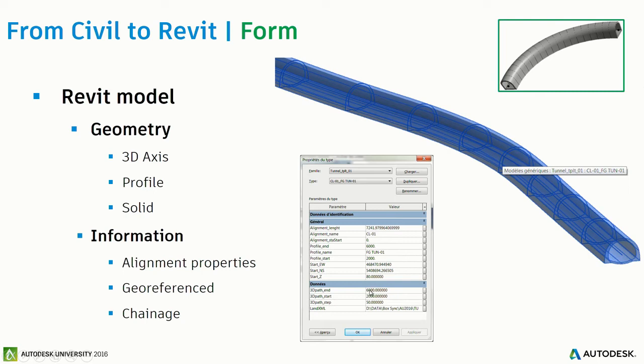You remember the 4 kilometers long tunnel we saw. And I've got also information concerning the georeferencing here. This is the start of my Revit element. So with this information, I can georeference it into my project. So it's embedded into the Revit model.